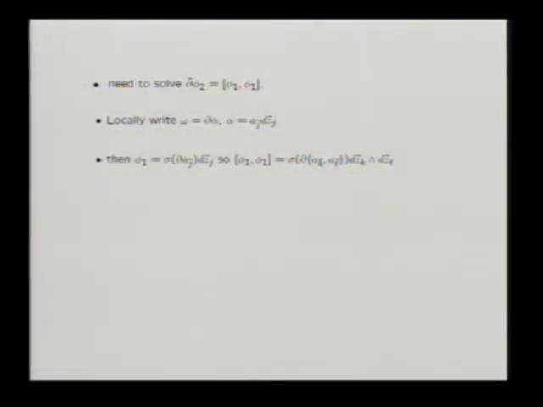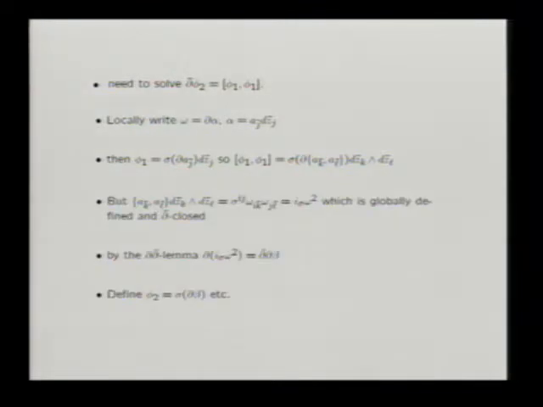On the other hand, the Poisson bracket involves taking their curly d derivatives and evaluating the Poisson tensor. So what looks like a locally defined form is actually globally defined: you take the 1-1 form, square it to get a 2-2 form, and then contract with sigma to get a 0-2 form.